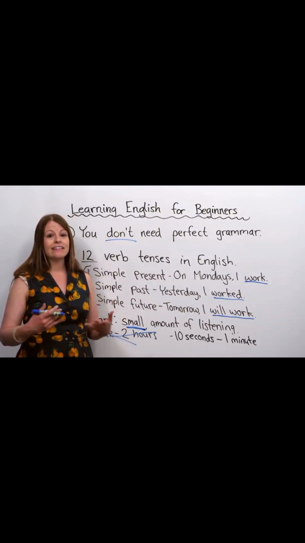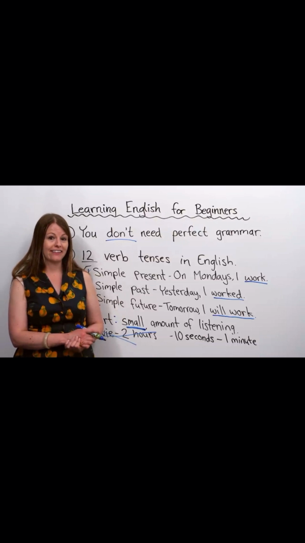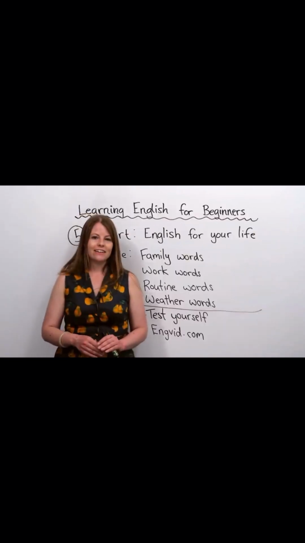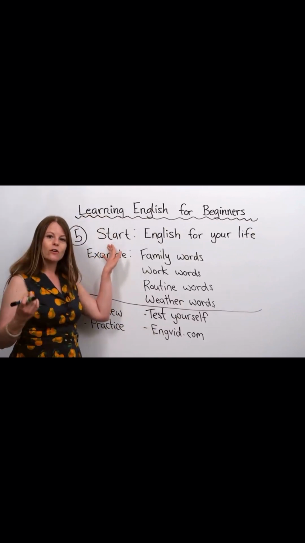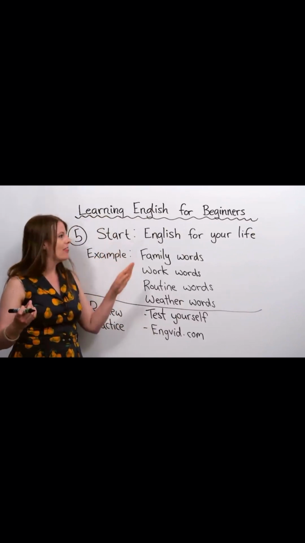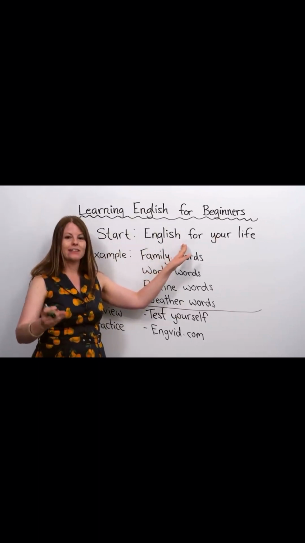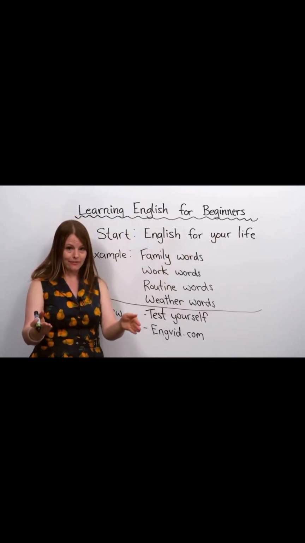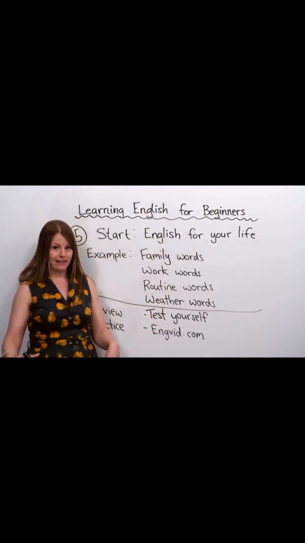Let me tell you some more tips on how you can learn English as a beginner. Here is tip number 5. Start with English that is important for your life. The English for your life might be different than the English for my life.